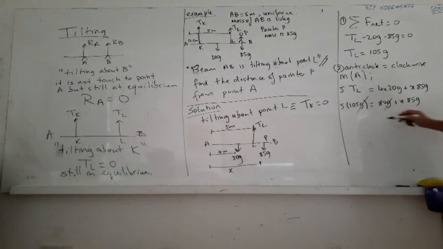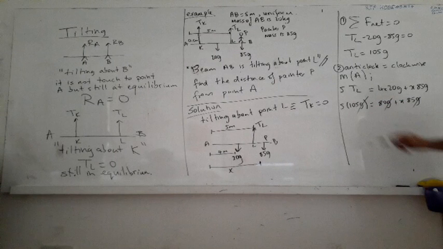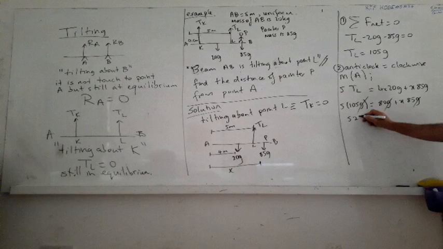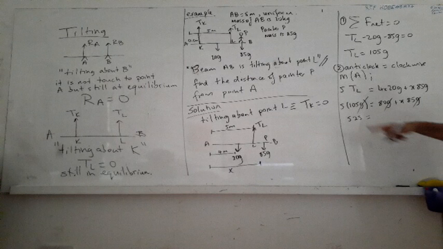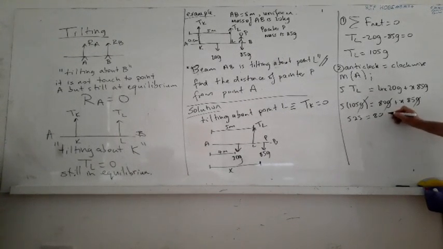We have 525, because 5 times 105 is 525, equal to 80 plus 85X.